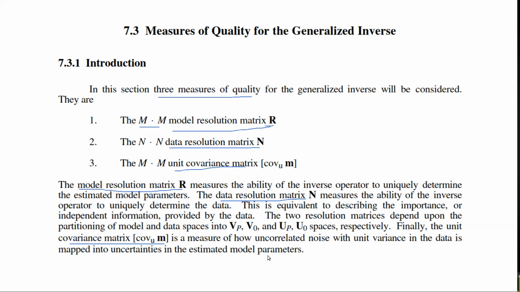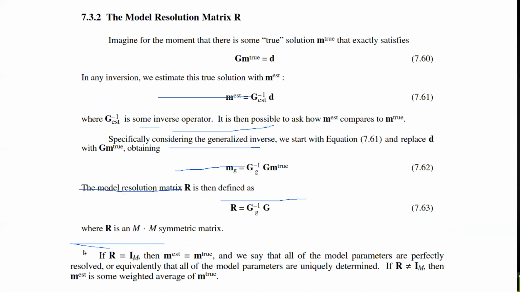Okay, so what's this relationship? We can also quantify that using the unit model covariance matrix. So these are some measures of quality for the inverse operator. And so let's look at all these three in a bit more detail.